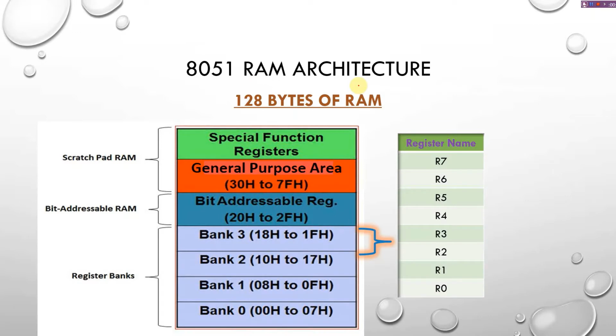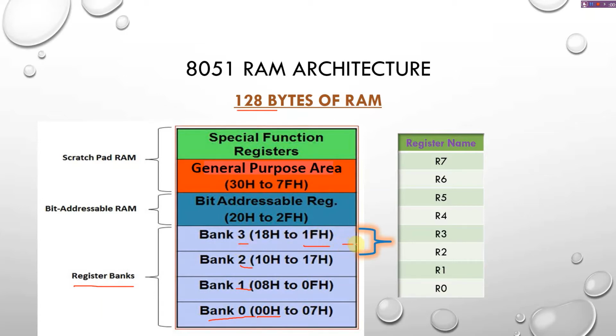Architecture of 8051. 8051 comes with 128 bytes of RAM, which is divided into different sections for the purpose of easy handling. Now the very first area in the RAM of the 8051 is register banks. The register bank occupies the memory location from 00H to 1FH. There are 4 register banks in the 8051 named as register bank 0, 1, 2 and 3.